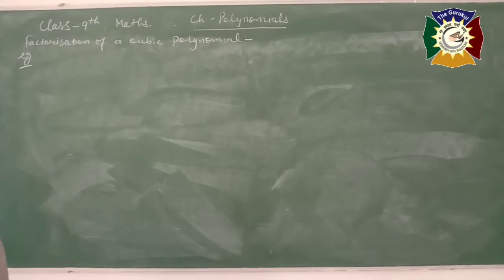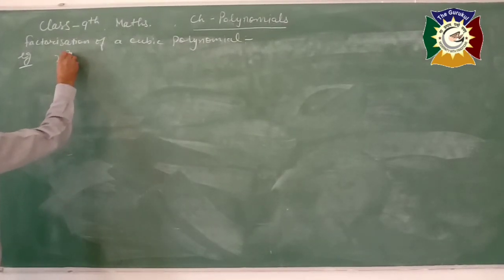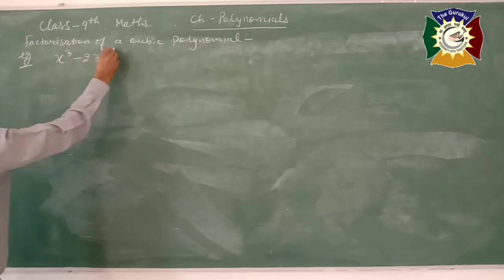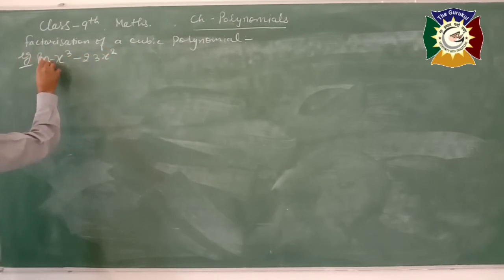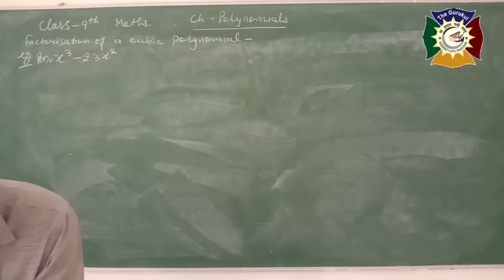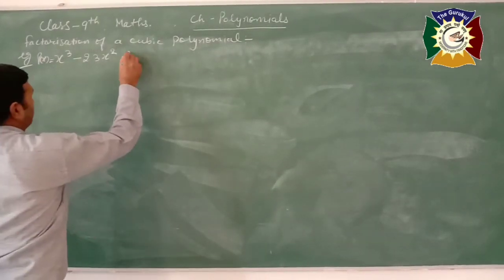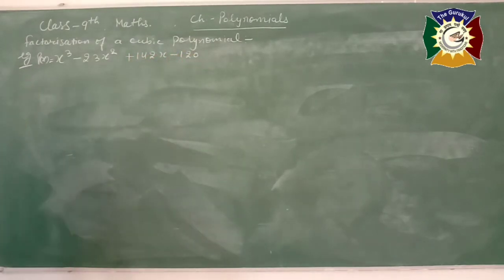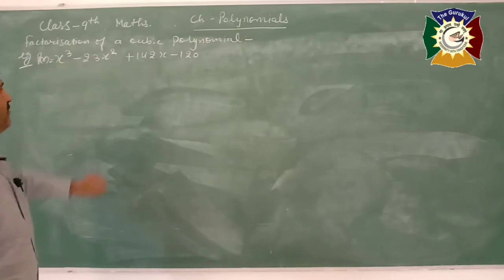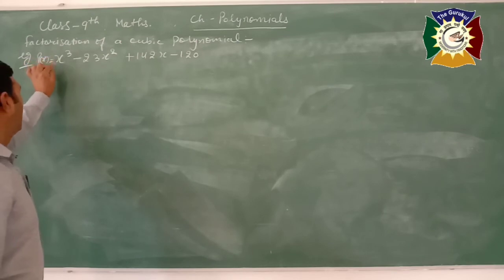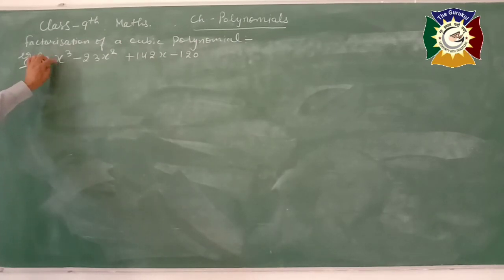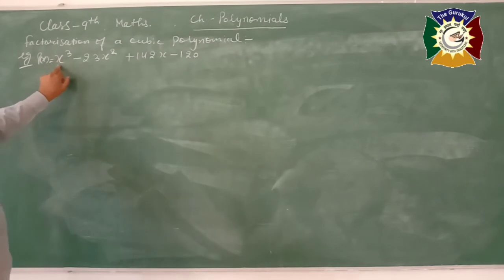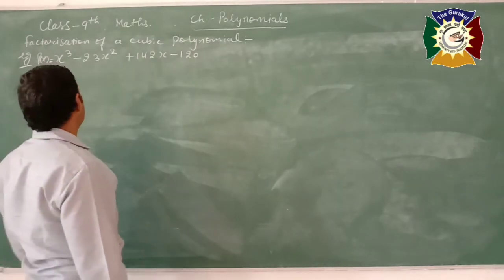x cube minus 23x square plus 142x minus 120. This is the polynomial in variable x. Again, for the factorization of this cubic polynomial, we will use the factor theorem. We will check whether the coefficient of the cubic term is 1 or not. In this case, the coefficient is 1.